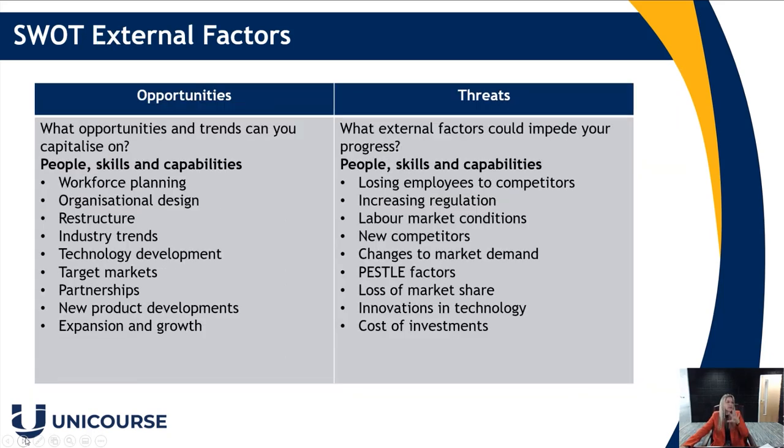Looking at opportunities and threats, I've kept this quite basic. And although we do look at the people, skills, and capabilities within this, you've got to think to yourself, what opportunities and trends can you capitalise on? A lot of people do put development options here for individuals within the workplace, but you can also look at things like partnerships and industry. So could you work side by side with someone, improve your brand, improve your reputation?